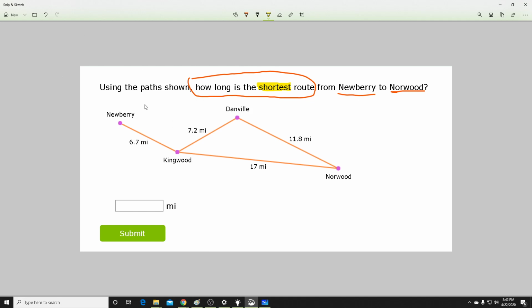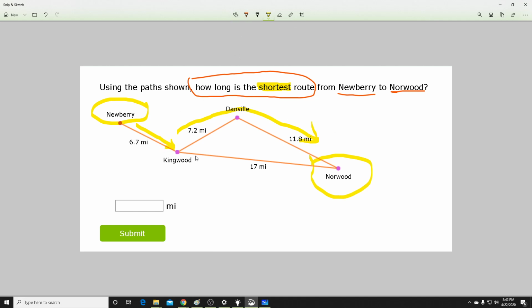Now, let's start off in Newberry. We're going to Norwood. From here, there's not much else we can do from here to here. You have to go that way. Nothing we can do about it. Now, you could take this way and go kind of around, but you're really going out of your way.